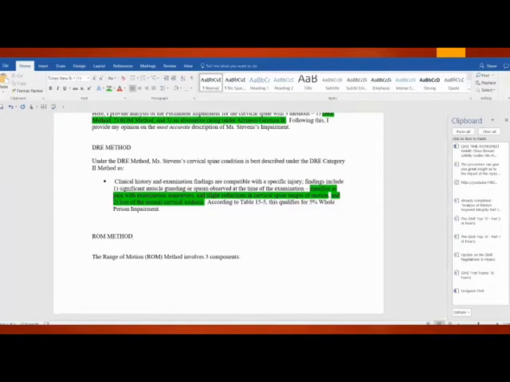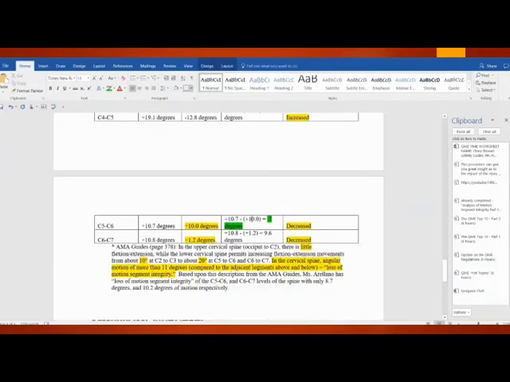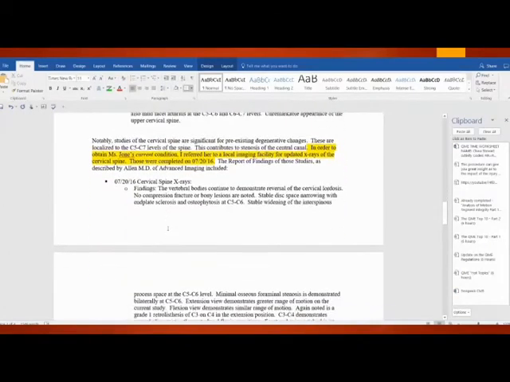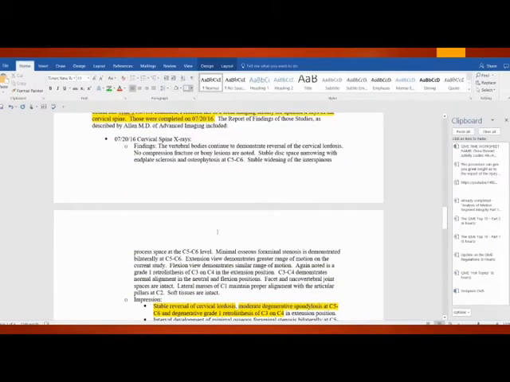And let's see what the medical radiologist said about that. Again, noted, minimal, similar.